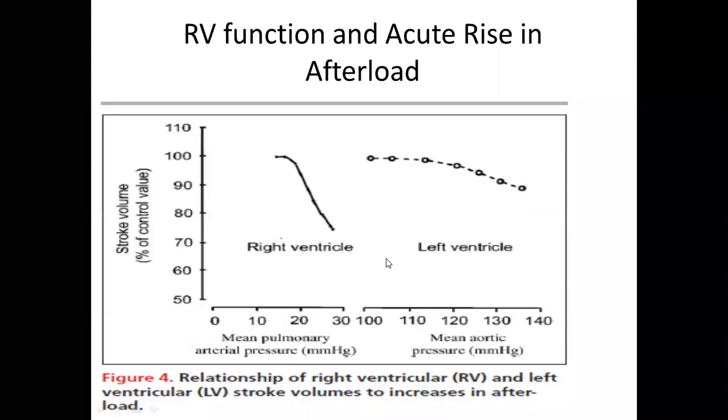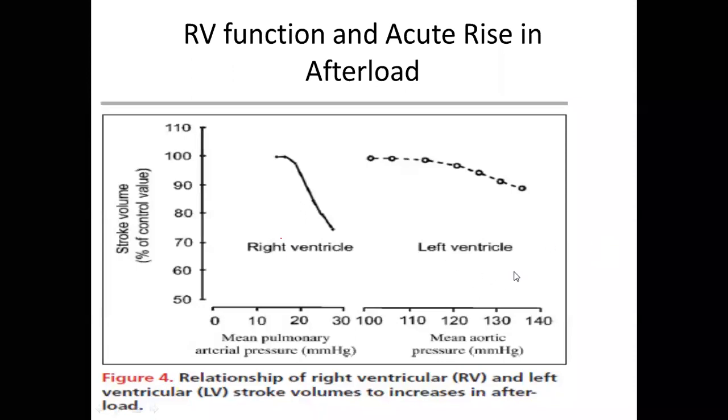But in the left ventricle, you can see that it remains flat. There is minimal change in the stroke volume, even if the afterload is increased. This is very critical in understanding acute pressure overload, like from pulmonary embolism or other obstructive conditions.